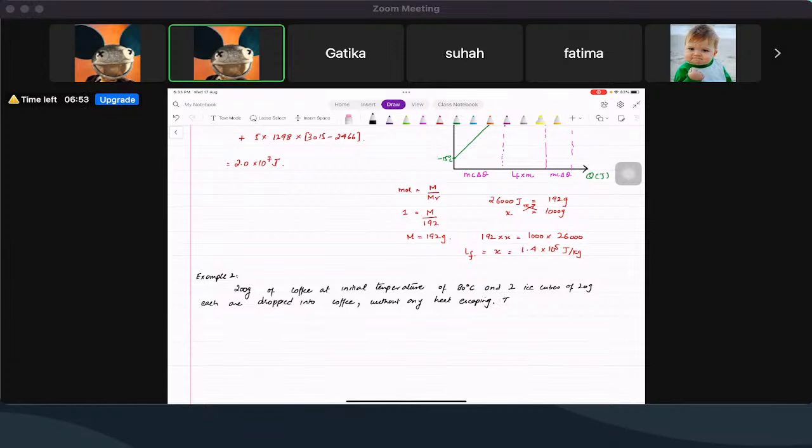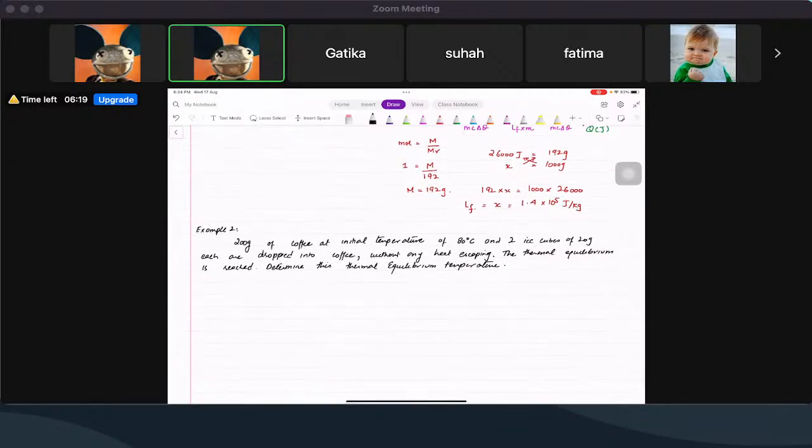Now they say the thermal equilibrium is reached. So they say determine this thermal equilibrium temperature.